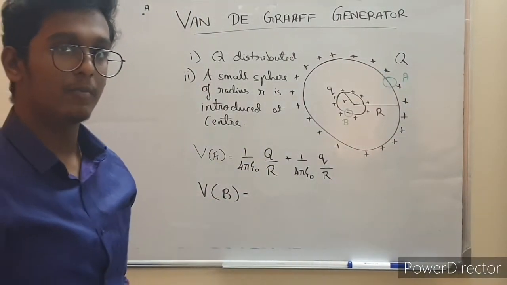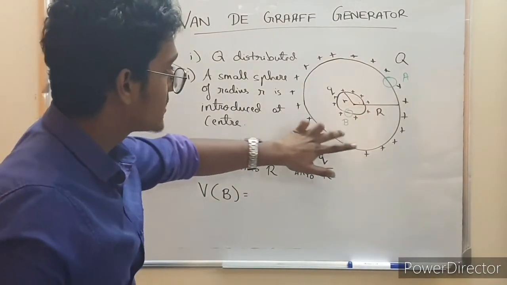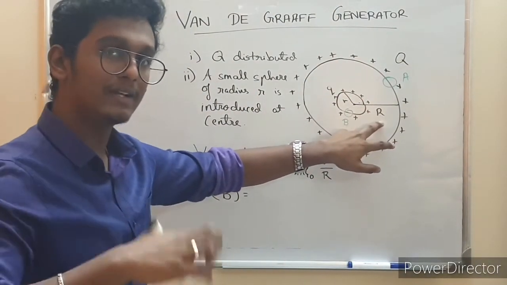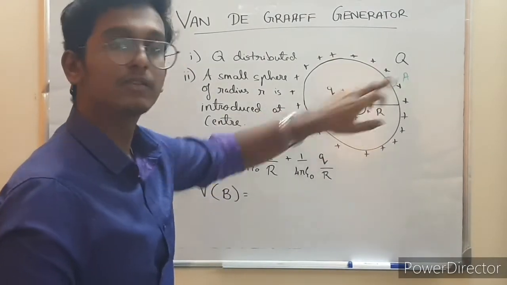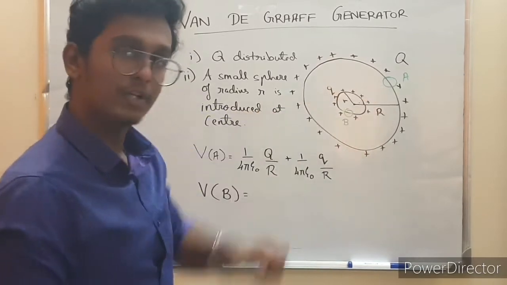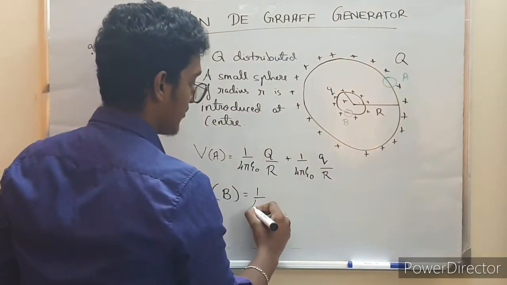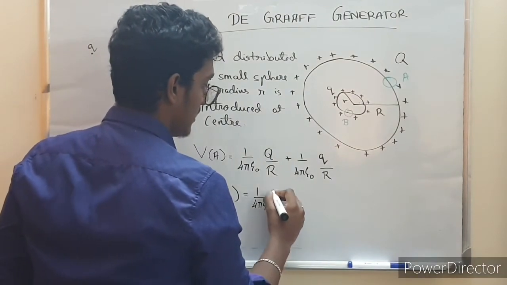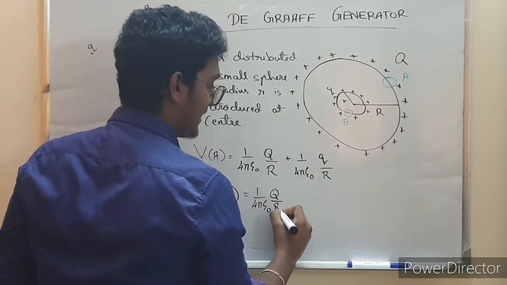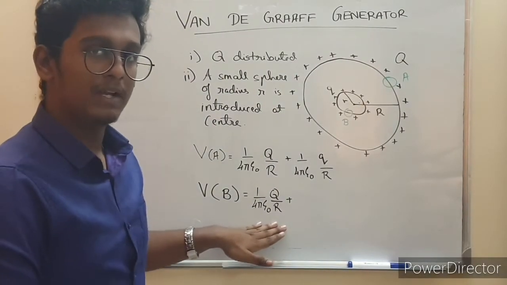This was the electrostatic property we learned: the potential inside a sphere is a constant value, equal to the potential at the surface. So the potential at B, if the ball was not there, would be the potential at A, which is 1 by 4 pi epsilon naught, capital Q divided by capital R. This is where the principle directly applies.